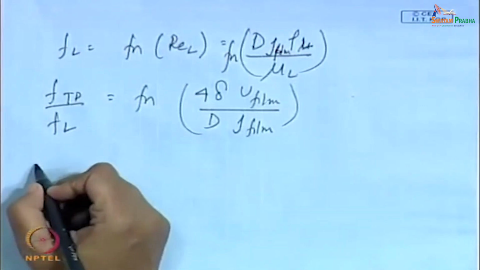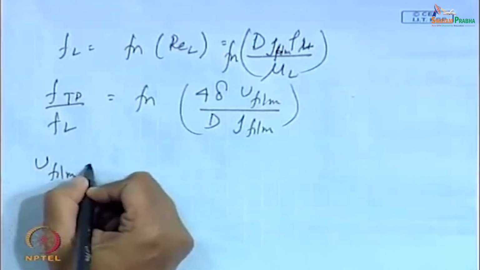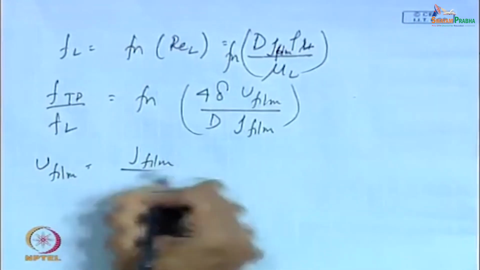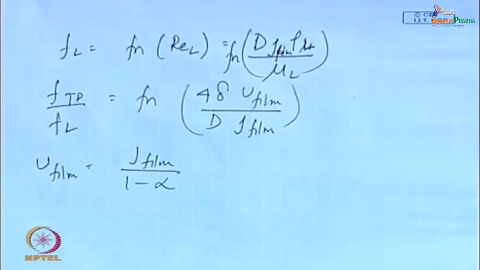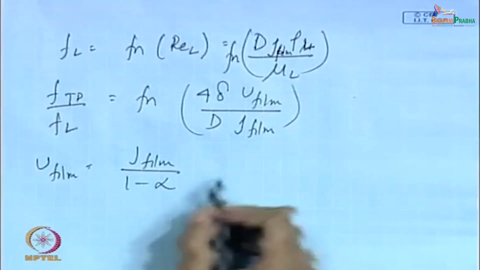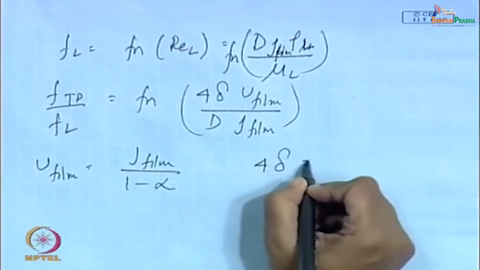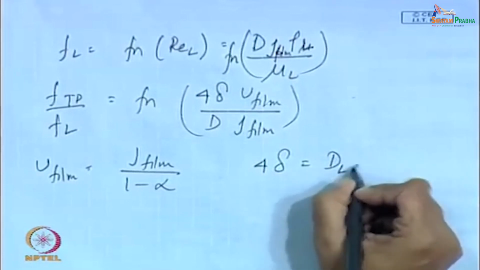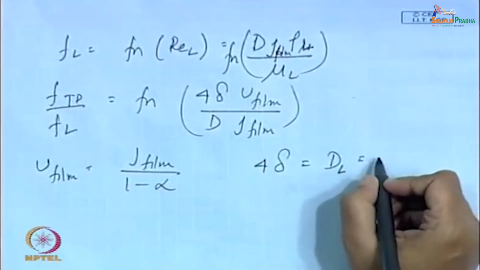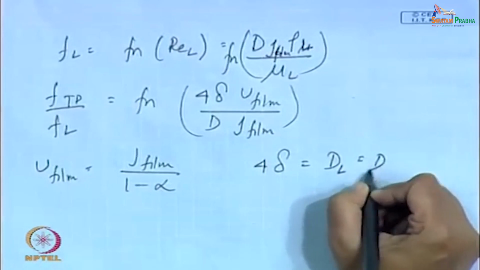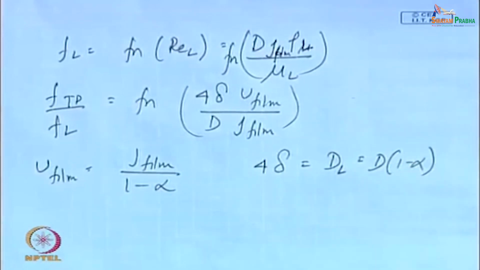Achha, now we know what? We know U film equals J film by 1 minus alpha. Do we know this? Fine, we know this. And next, what else do we know? We know 4 delta was equal to dL, that we have just derived, which is nothing but equal to D into 1 minus alpha, is not it?